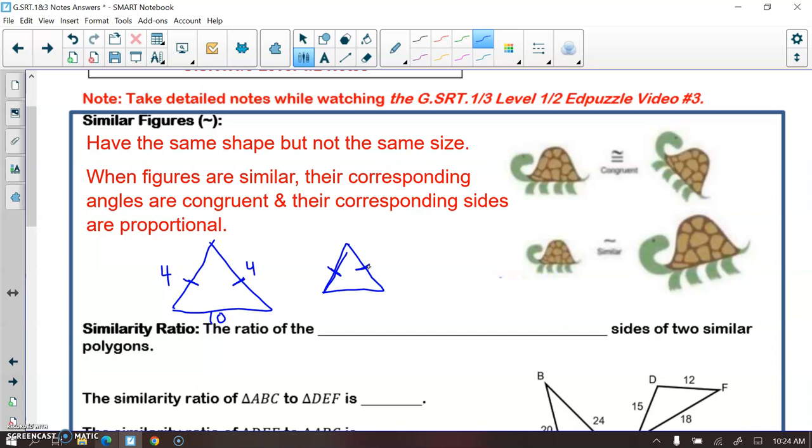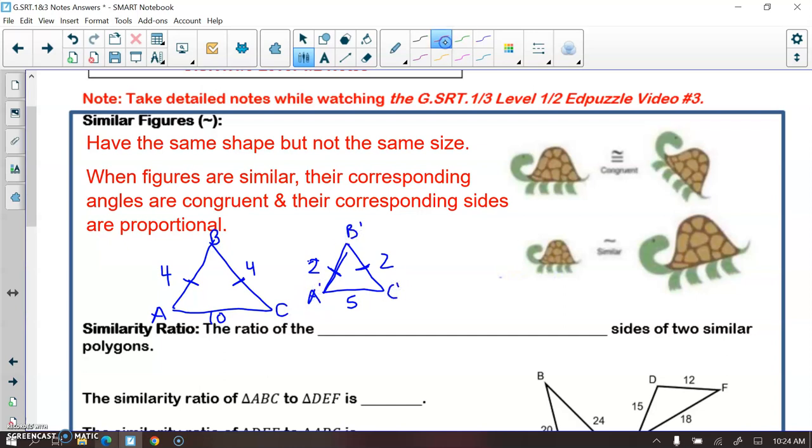But what it means to have a scale factor of 1/2 is that all my sides on my original triangle were multiplied by 1/2, so I wind up with a 2, 2, 5 as my 3 side lengths. And let me call this triangle ABC and this triangle A prime, B prime, C prime.